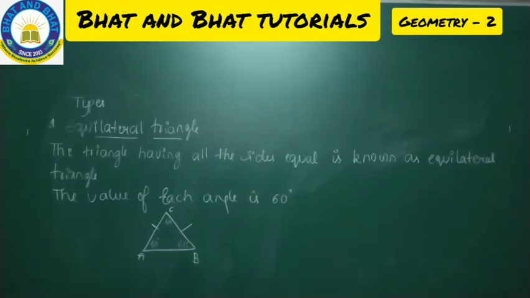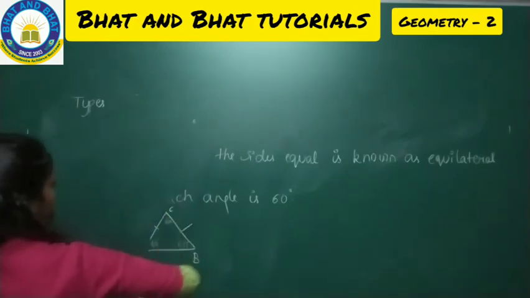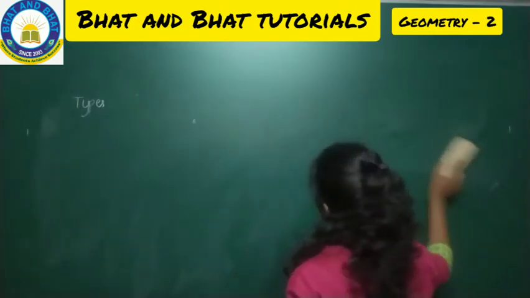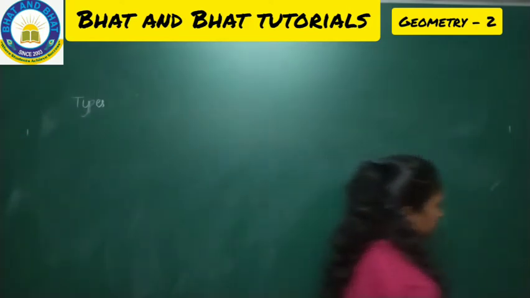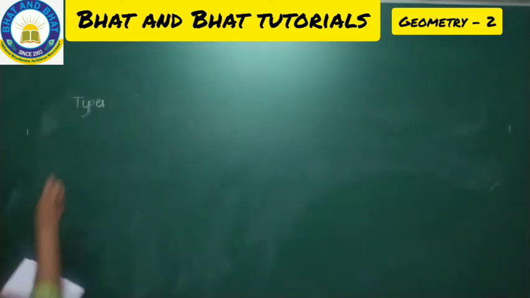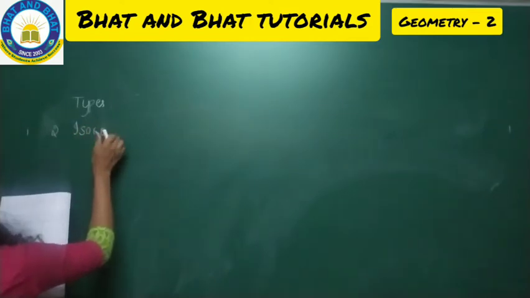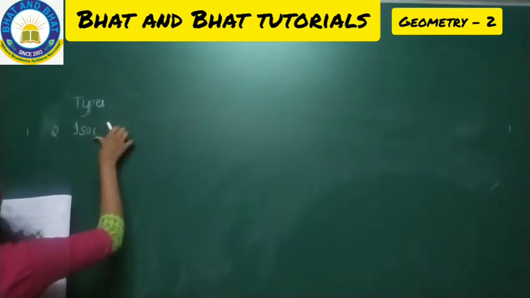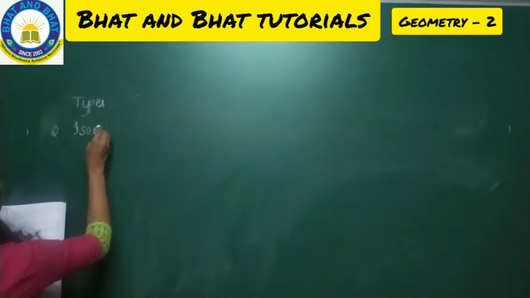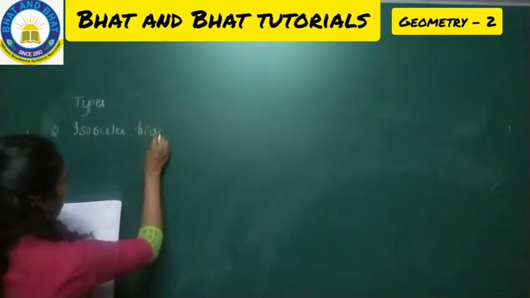Now let us move on to the next type of it, that is the second type, isosceles triangle. So we'll see what that is now. The second type, isosceles, I-S-O-S-C-E-L-E-S, isosceles triangle.